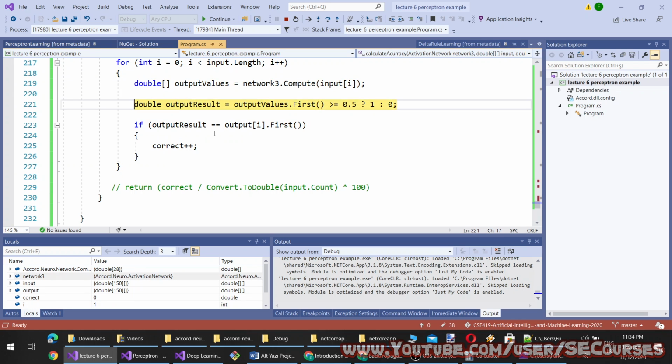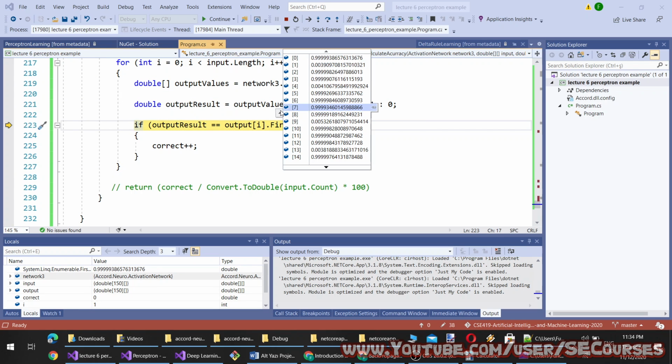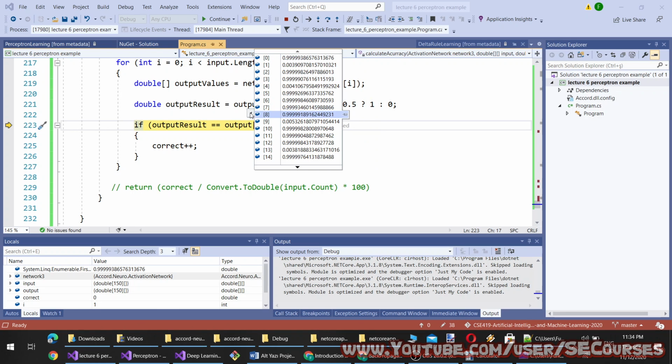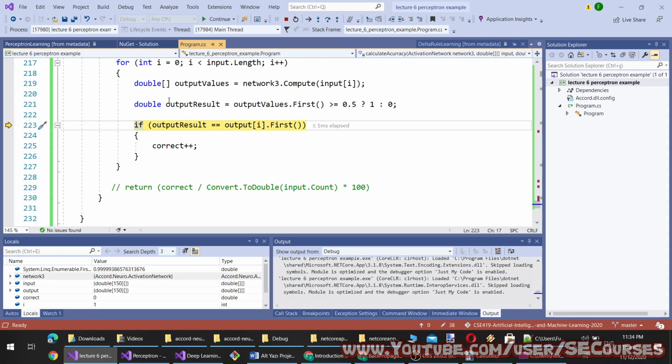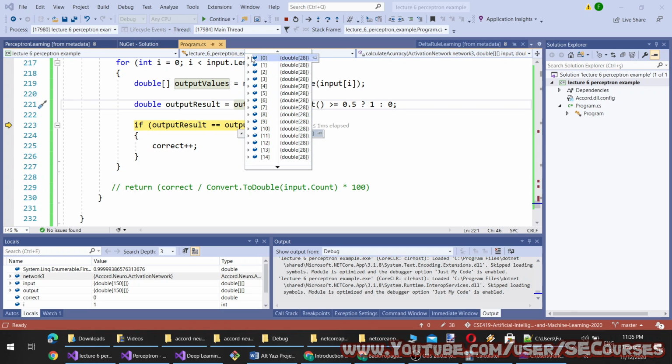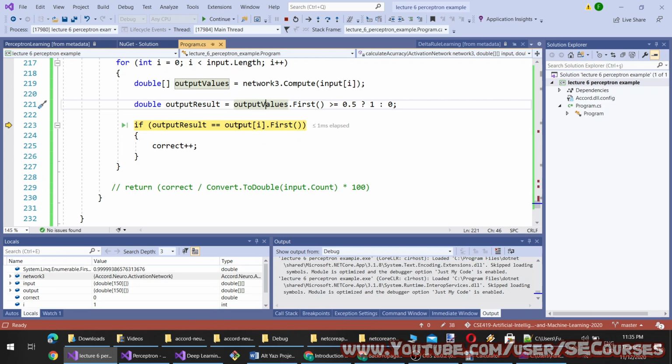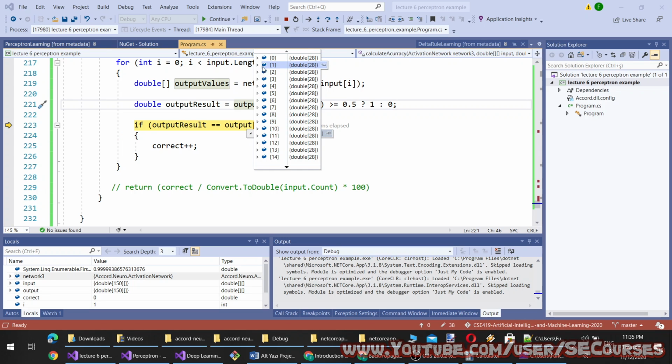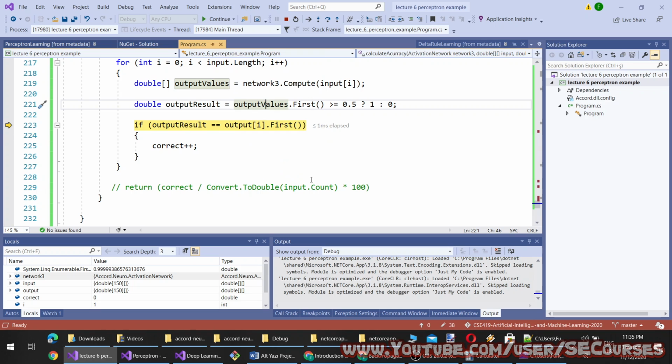No, I need to calculate 1. Okay, this is 1. This is the second input. 1 first.